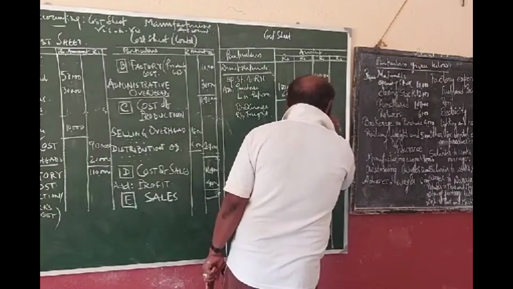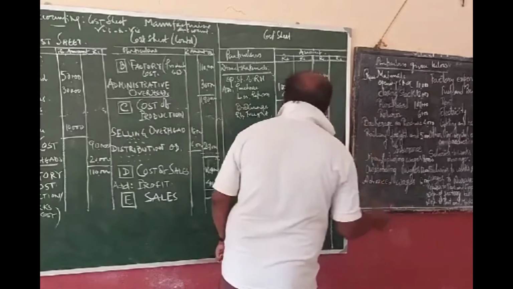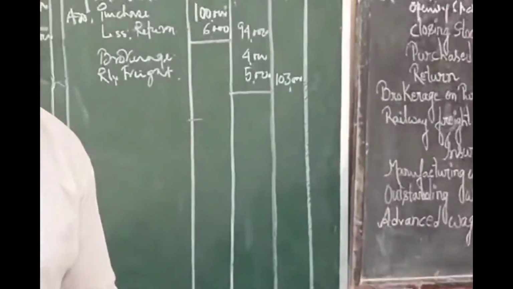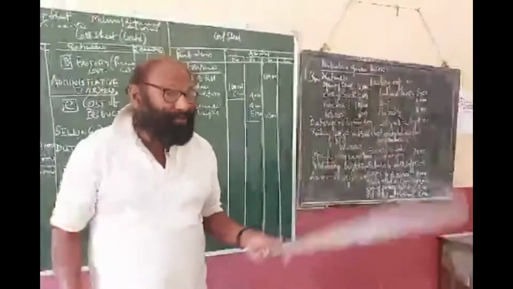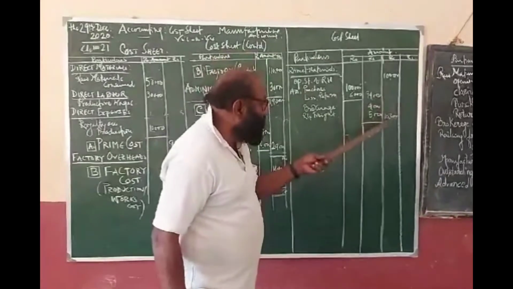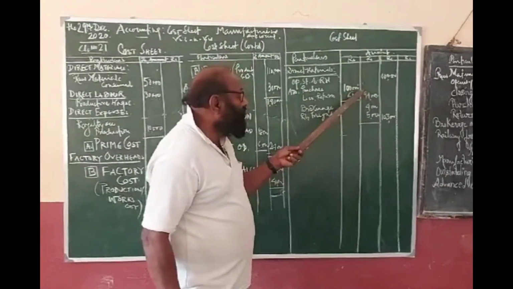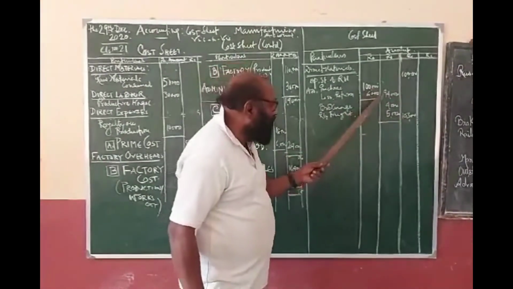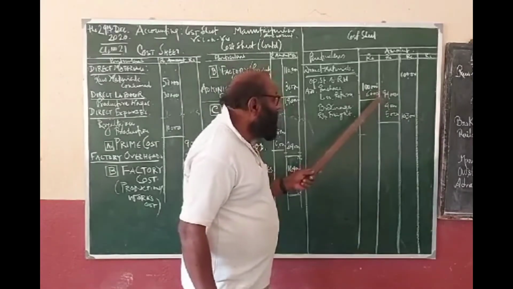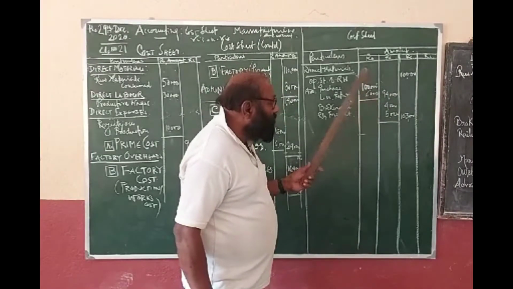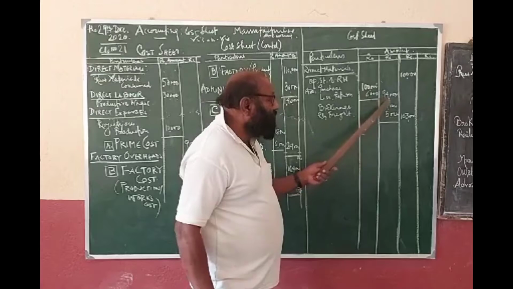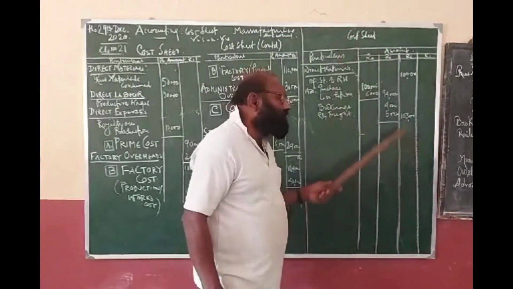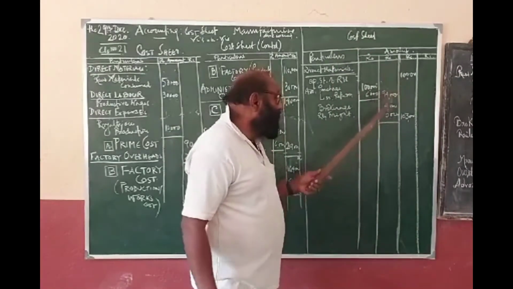So it is 1,03,000. It is the cost of purchase of the goods you have used. That is, opening stock, purchase of rupees 1 lakh, you have returned goods amounting to 6,000, so you are getting 94,000.